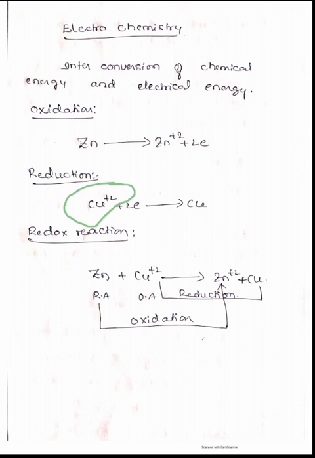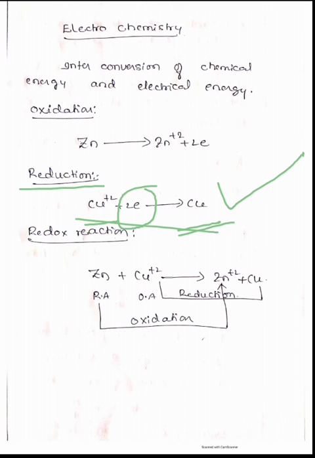Okay. So similarly in the reduction reaction, Cu2+, by the acceptance of 2 electrons, gives Cu. That means to carry out this reduction reaction completely, one of the agents is required. So that agent will supply the electrons to this reduction reaction. So whatever substance is releasing the electrons for the reduction reaction can be taken as a reducing agent.